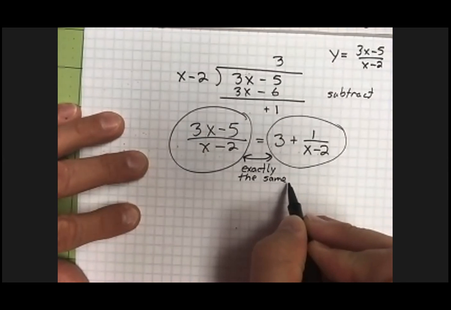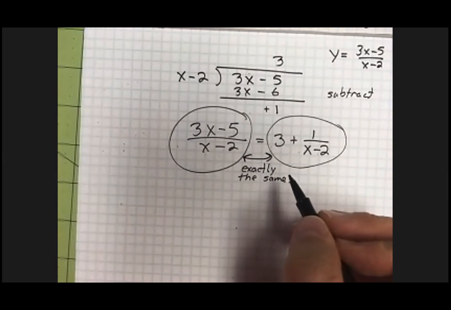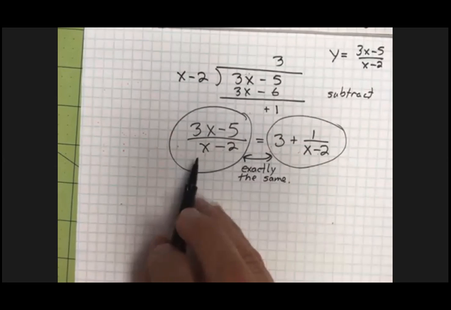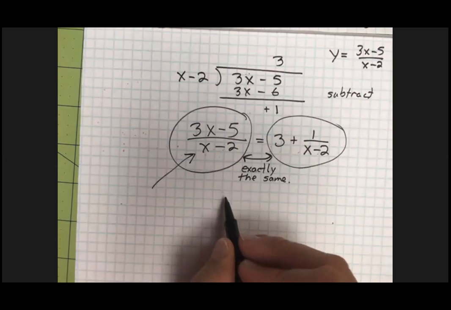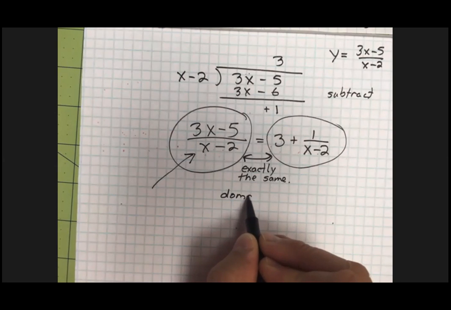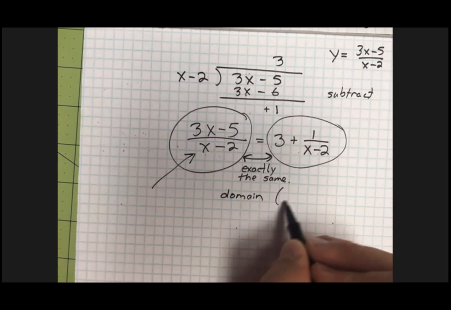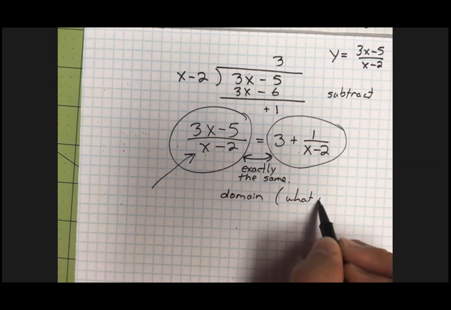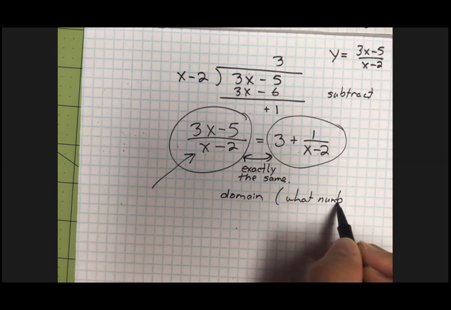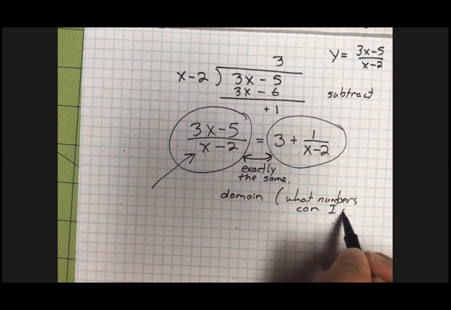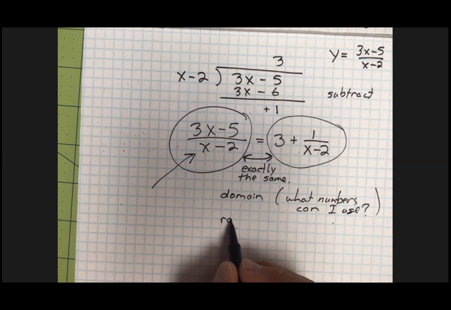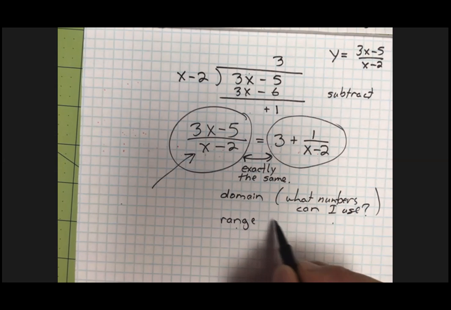So I just want to expand your question a little bit. What you want to do is anytime you look at somebody like this, you want to immediately say, what's the domain? What numbers can I use? Here's another fancy word. What's the range?